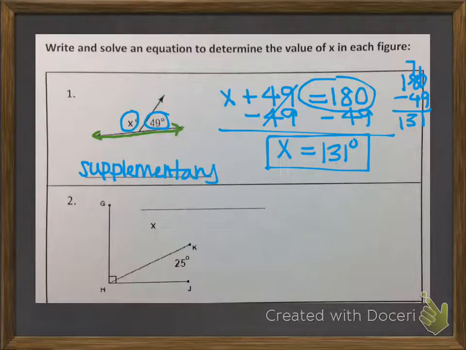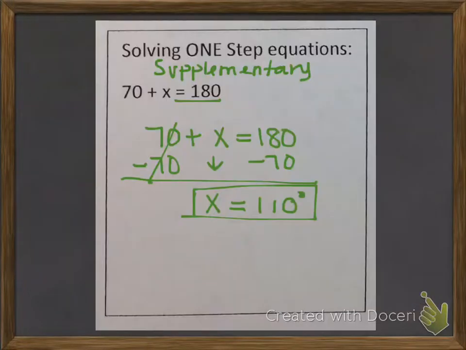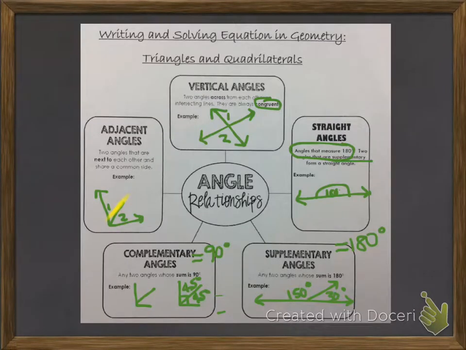Looking at number 2. Number 2 has a right angle right here. Right angle, that means that this whole entire angle equals 90 degrees. So if it equals 90 degrees, let's think about what kind of angle that is. We can go back and look here, and where's 90 degrees? Right here.